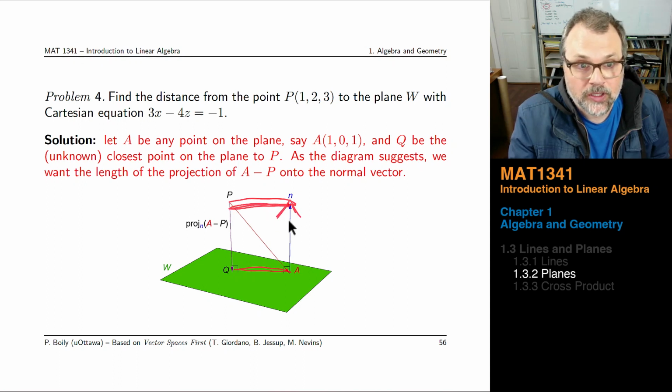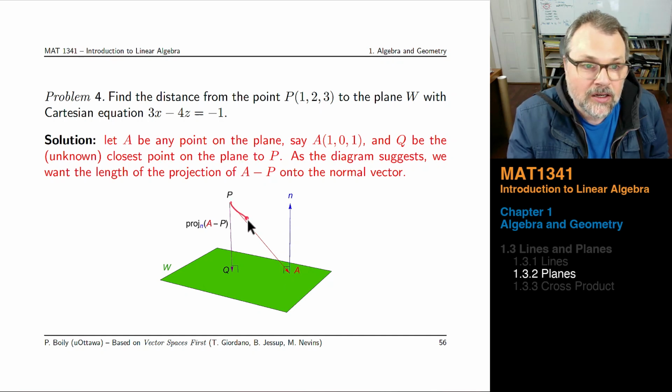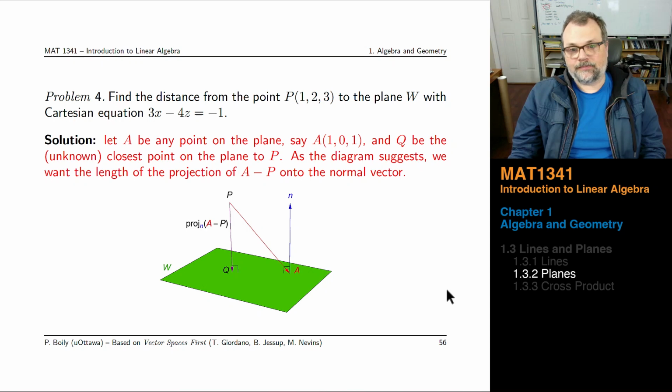Projection against the normal here. And then you're looking for the length of this quantity. So where are you projecting? You're projecting the vector A minus P. Let me draw it again here. This is A minus P along the normal vector. And that distance here will be the distance of interest to you.